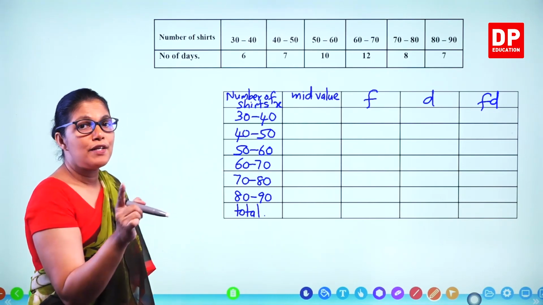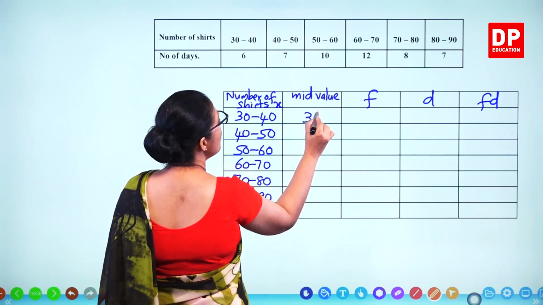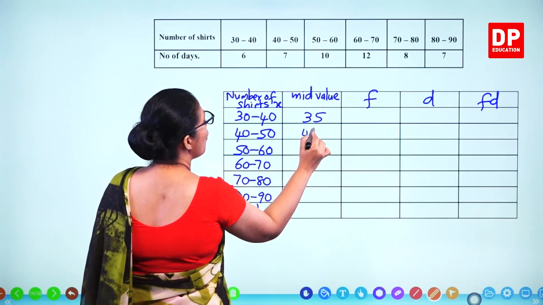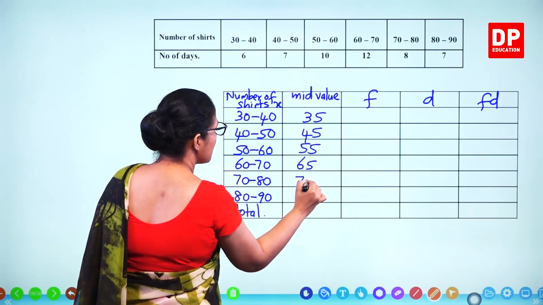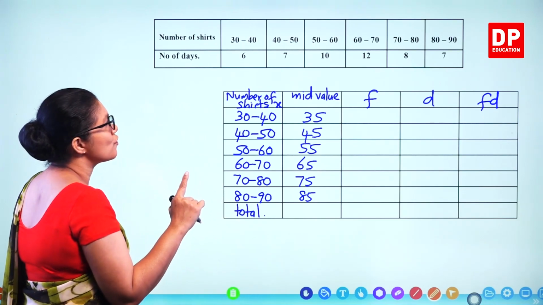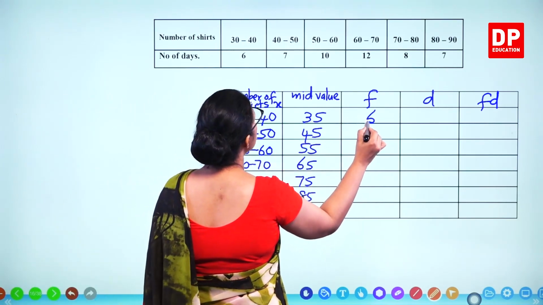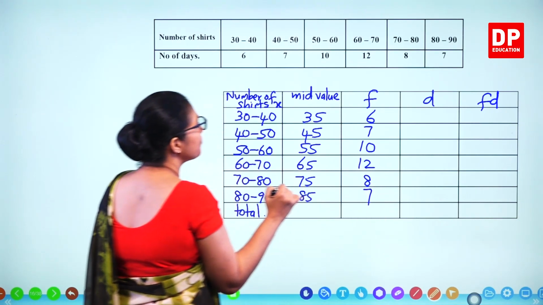How do we find the mid value? Add and divide by 2. 30 plus 40 divided by 2, 35. So 45, 55, 65, 75, 85 is the mid value. So frequencies 6, 7, 10, 12, 8, 7.